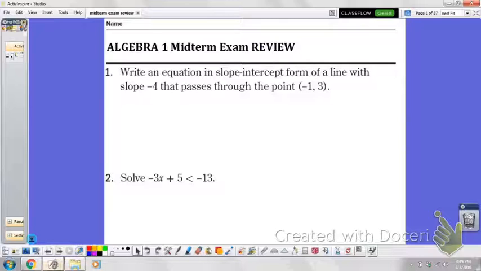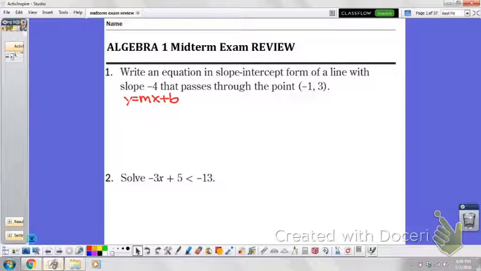Number one says, write an equation in slope-intercept form of a line with a slope of -4 that passes through the point (-1, 3). So if we're writing an equation in slope-intercept form, remember that equation is in the form of y equals mx plus b.